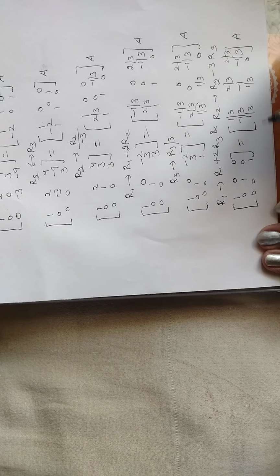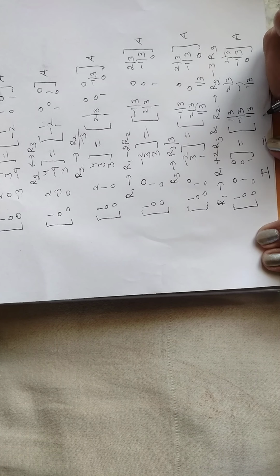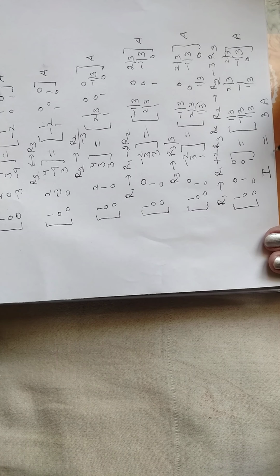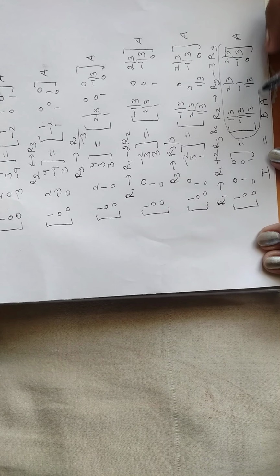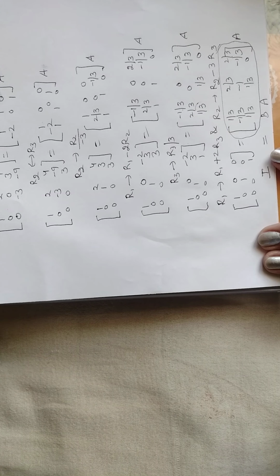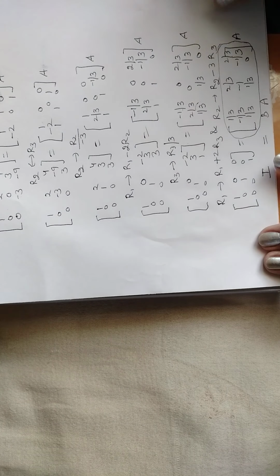So finally, it has become I, and this is what, let it be B, and this is A. So you have reached this equation. So whatever is written with A, that will be your A inverse. It means this matrix is your A inverse. Clear? So this is your answer.